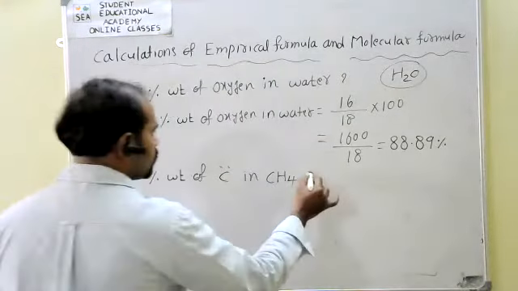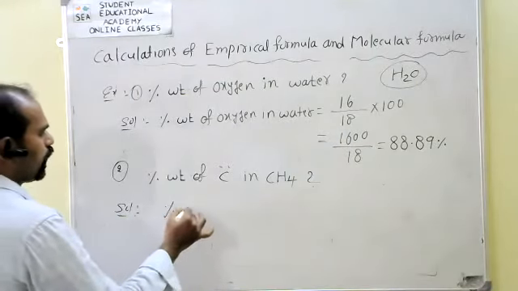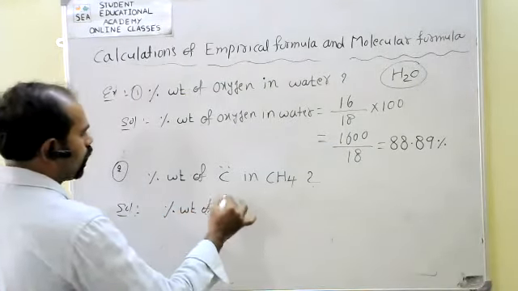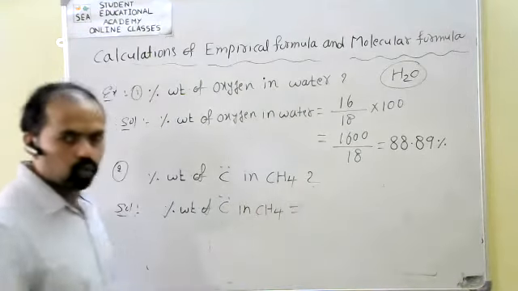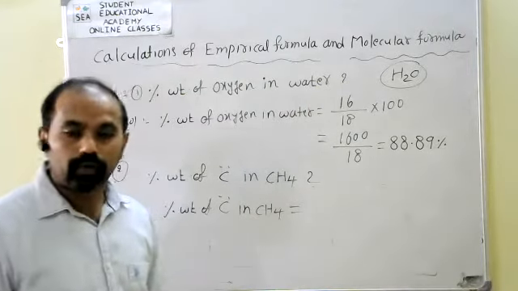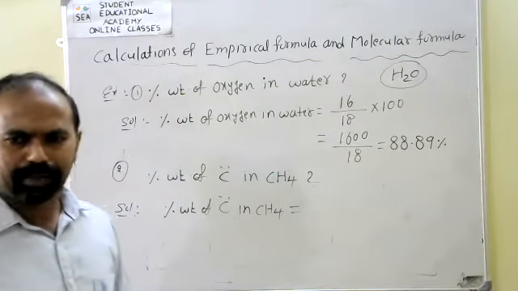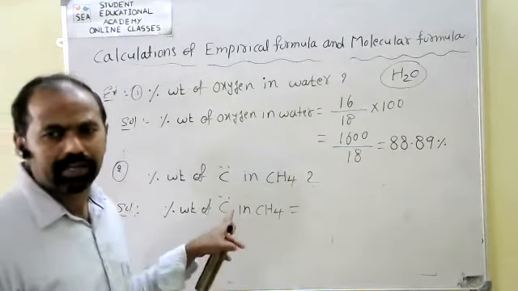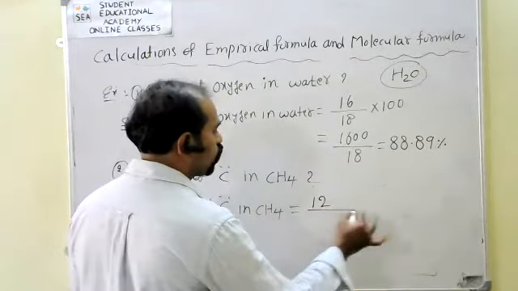The percentage weight of carbon in methane is equal to the weight of the given element. Which element here? Carbon. The carbon weight is 12 grams.